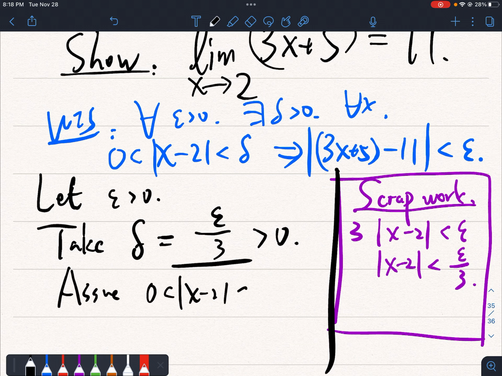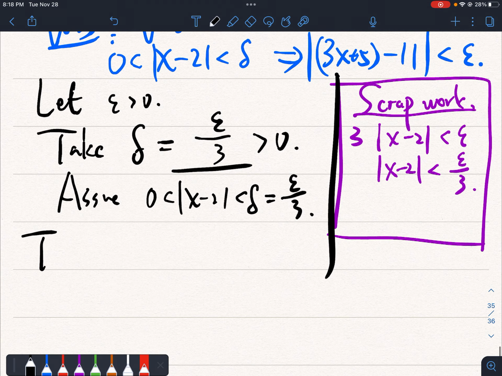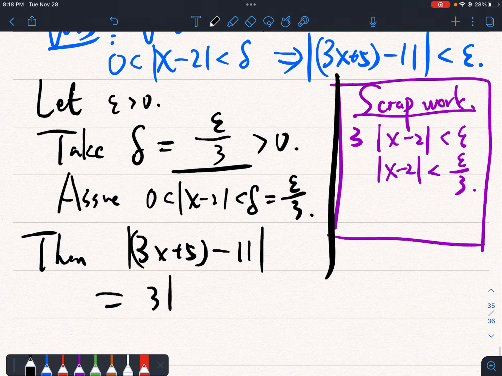So then now we assume that x is close enough to 2, so then it's less than delta, but delta is epsilon over 3. So then we want to evaluate this f of x minus L, but then this becomes simply 3 times the absolute value of x minus 2. But here, this is less than epsilon over 3, because we choose delta to be epsilon over 3.